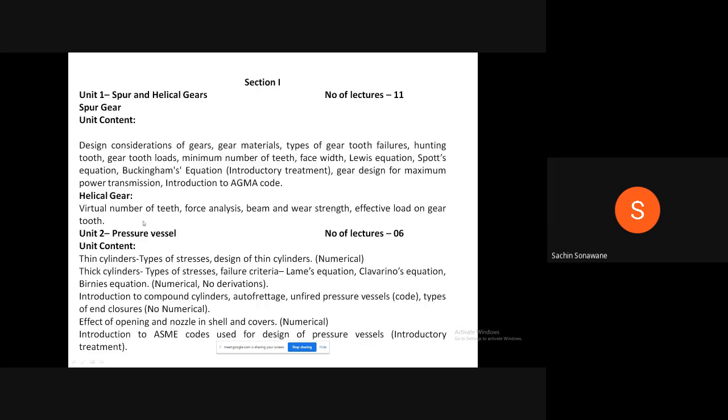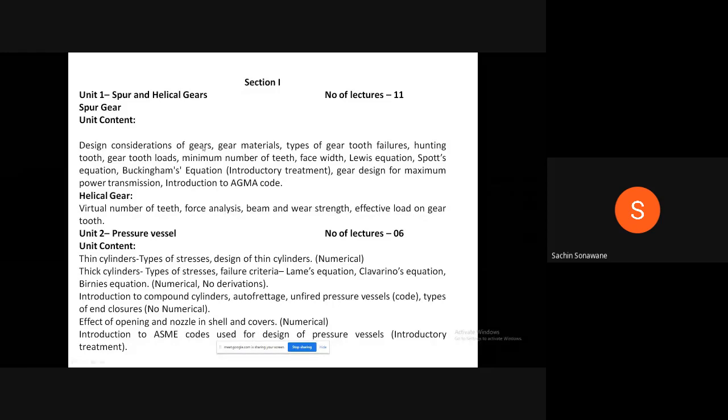Now we will see detailed syllabus. First, section 1. In that, unit 1 is spur and helical gears. Number of lectures required is equal to 11. Now in that, first is spur gear. Now we will see its unit content.